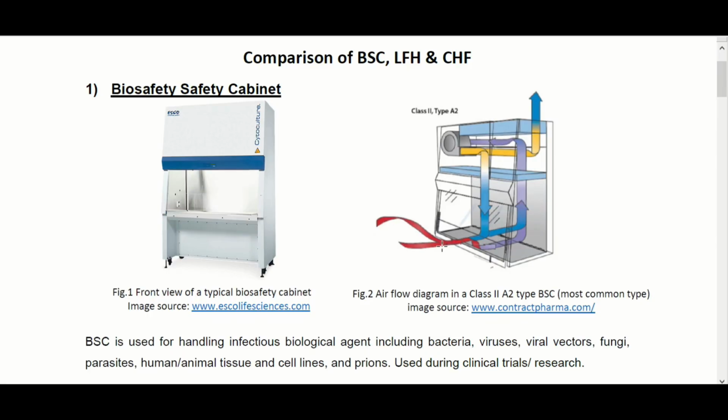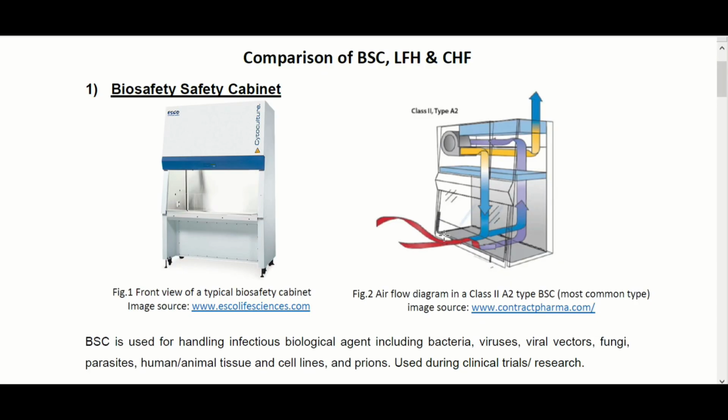So in short, this circulating air feature helps ensure a clean environment inside the working space, so as to prevent, number one, cross-contamination of different parts inside the BSC, and secondly, prevent harmful materials such as infectious viruses and bacteria from coming out of the BSC and getting into contact with the user.